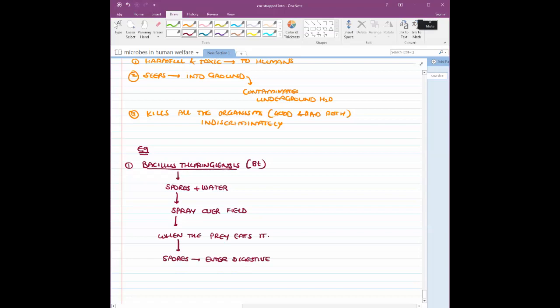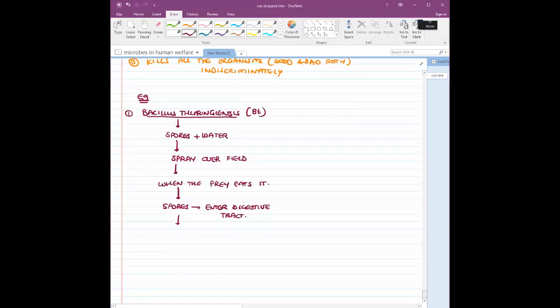Now, as the spores enter the digestive tract, guys, now what happens in the alkaline medium of the intestines? The spores are activated.